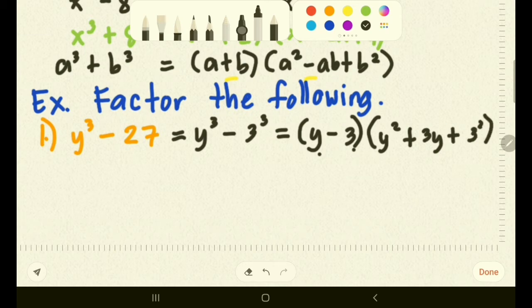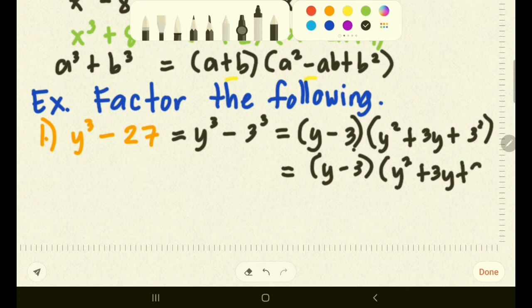Okay, so for the final factors, you simplify: the difference of y and 3 times the quantity of y squared plus 3y, and then you get the square of 3, that is 9. Okay, that's our first example.